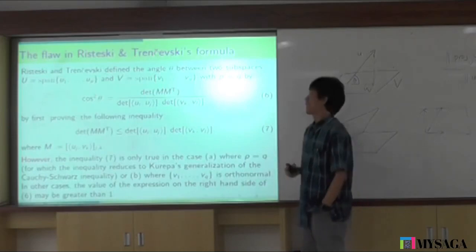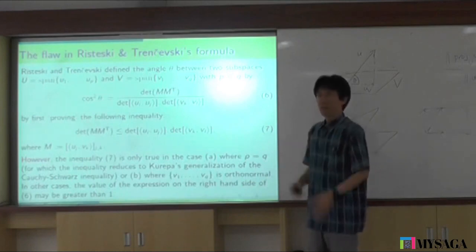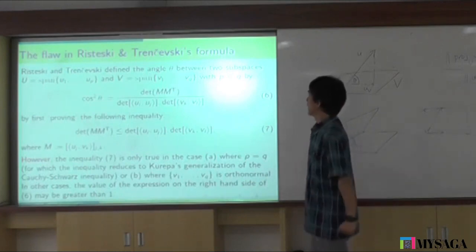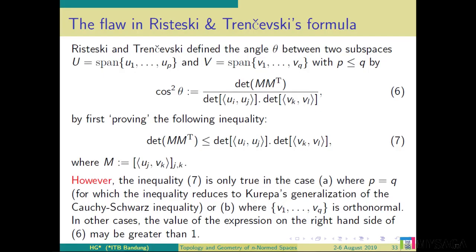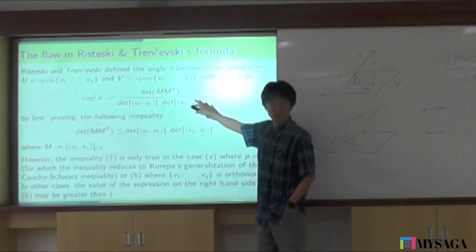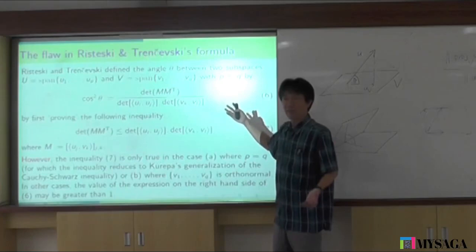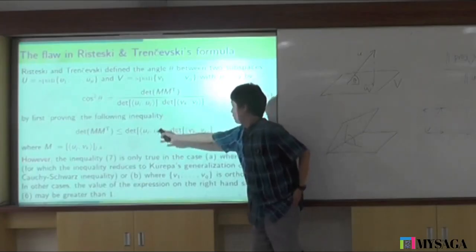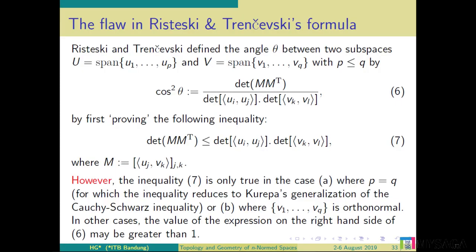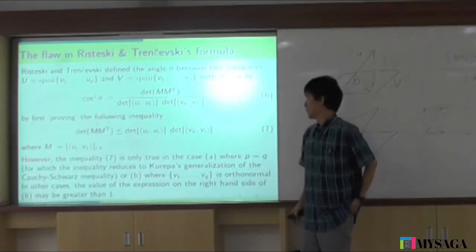So what is wrong with the Wyszynski and Densovsky formula? They define the angle between u of p dimension and v of q dimension with p less than or equal to q by this formula, which looks nice, of course. But having a nice formula is not enough. And they prove this inequality, which they claim as a generalized Cauchy inequality.